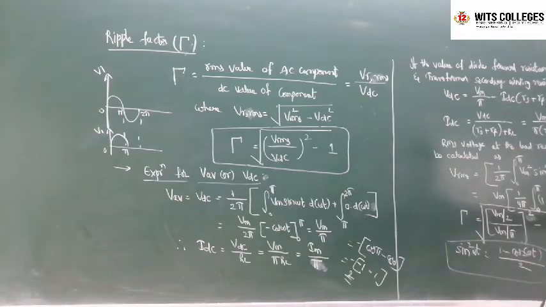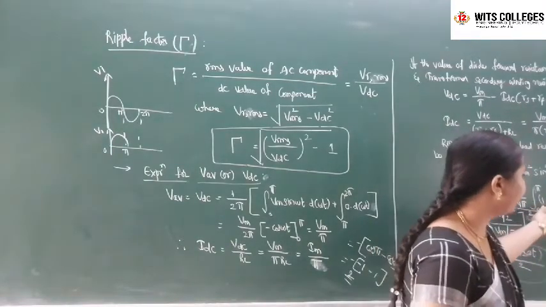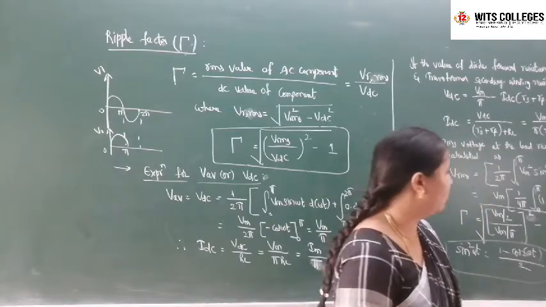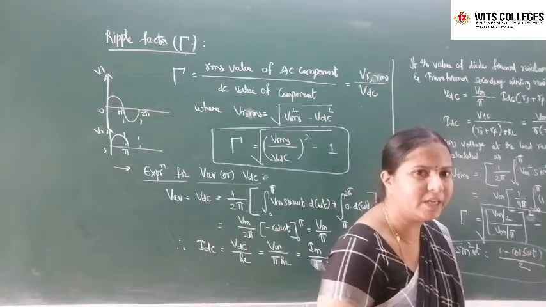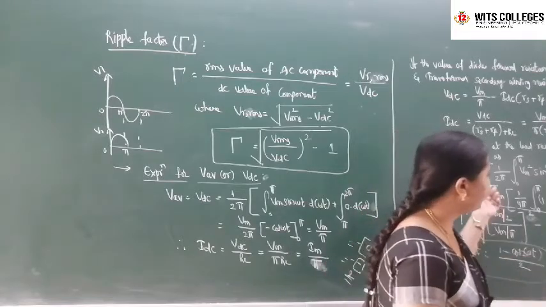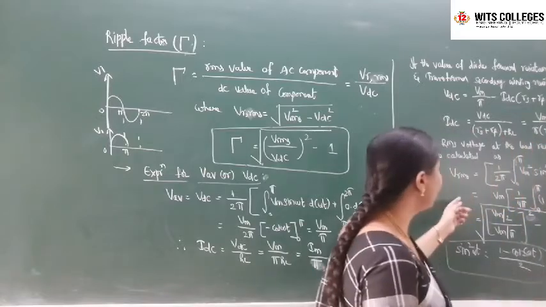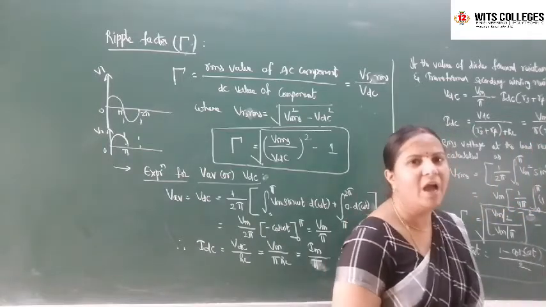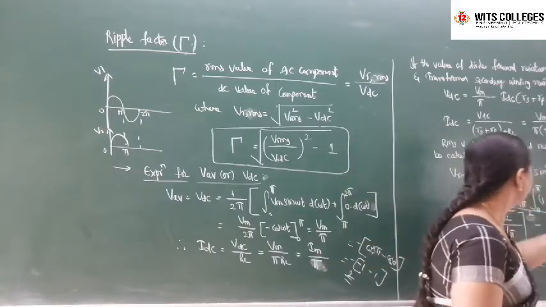So here you will get Vm by 2. If you integrate 1, you get omega t, and if you integrate cos 2 omega t, you get sin 2 omega t by 2. Applying the limits, you will get Vm by 2. That is the VRMS voltage of the half wave rectifier, equal to Vm by 2.